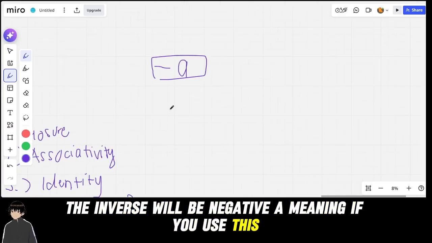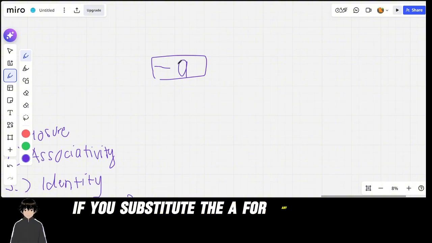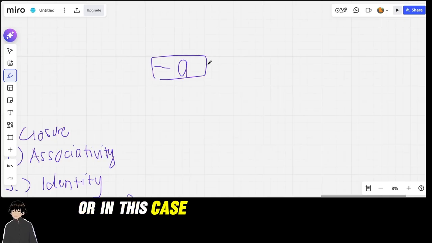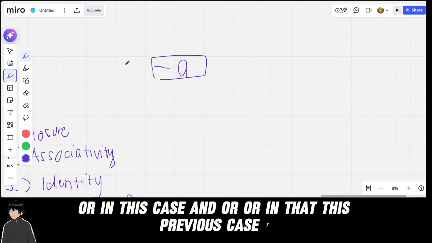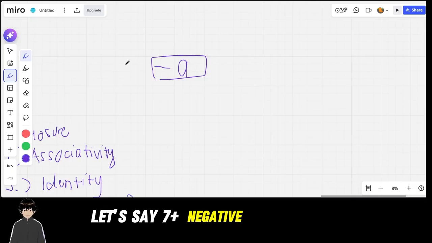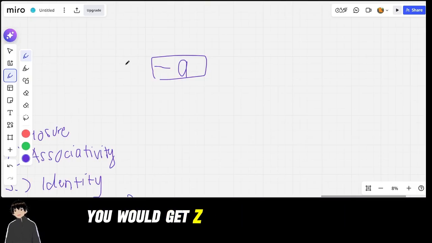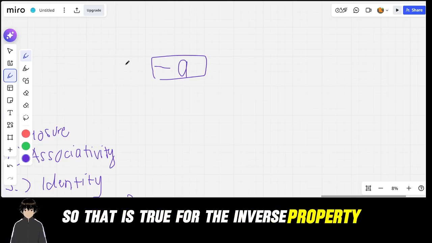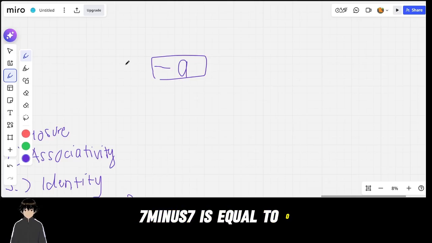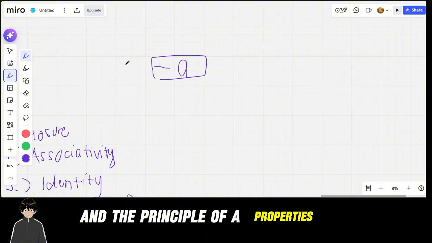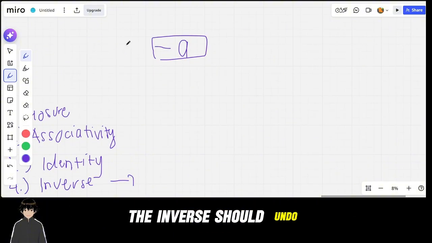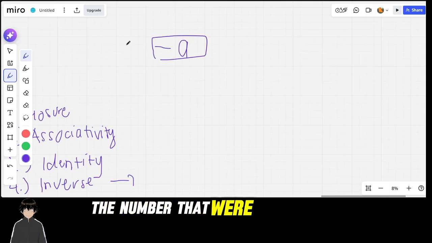Meaning, if you substitute the a for any type of number, in that previous case, 7, let's say 7 plus negative 7, in addition, you would get 0. So that is true for the inverse property. 7 minus 7 is equal to 0. And the principle of the inverse property is that the inverse should undo the number that you're operating on.